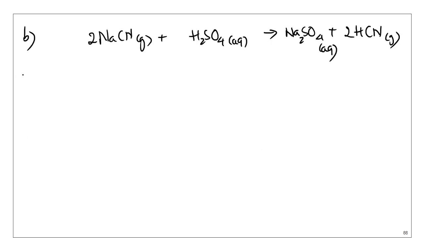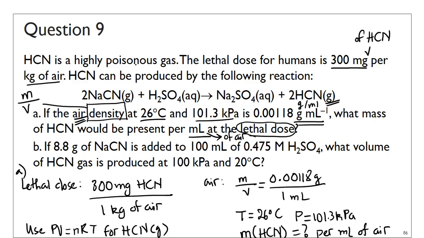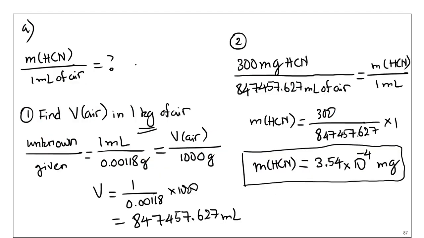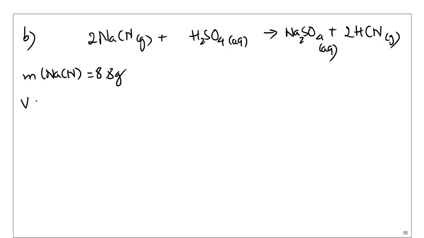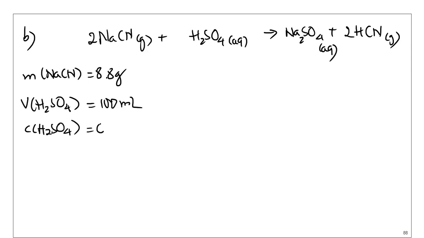So the mass of sodium cyanide given is 8.8 grams, and you are also given information regarding concentration and volume of sulfuric acid, 100 ml at 0.475 molar. So V of H2SO4 is 100 ml with a concentration of 0.475 molar.